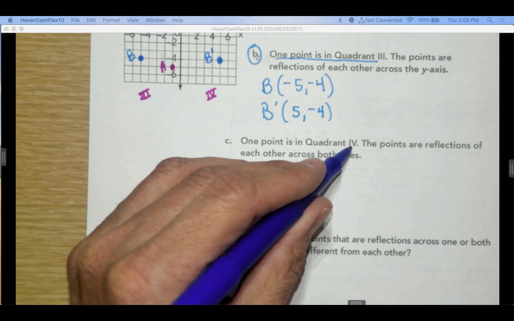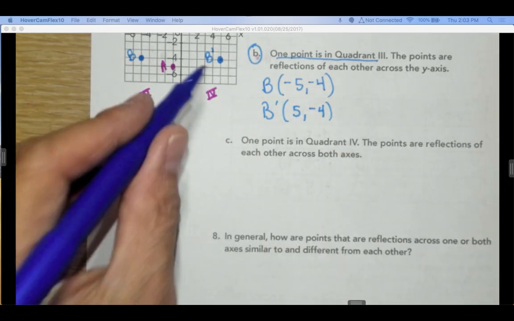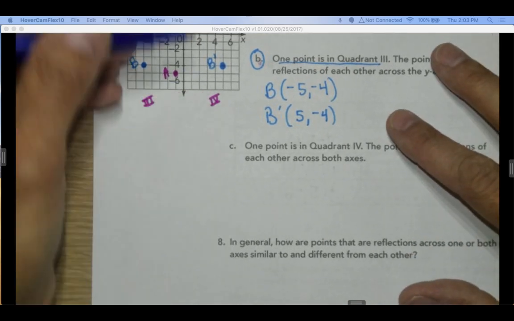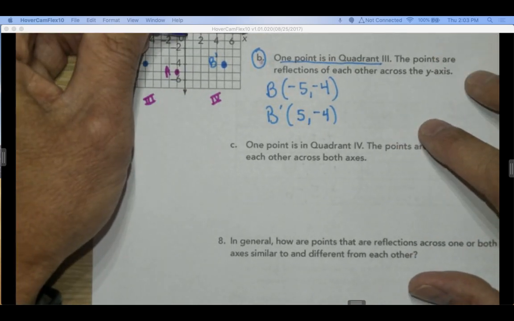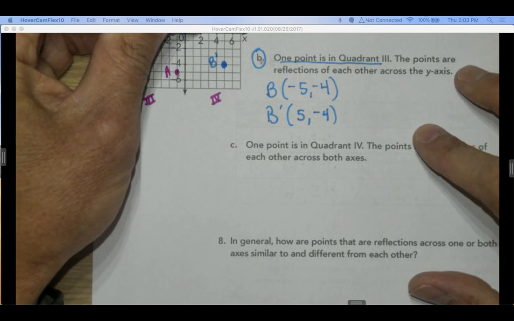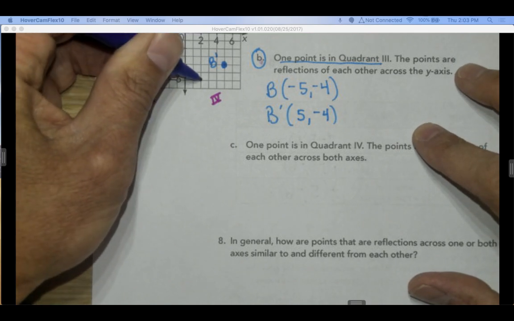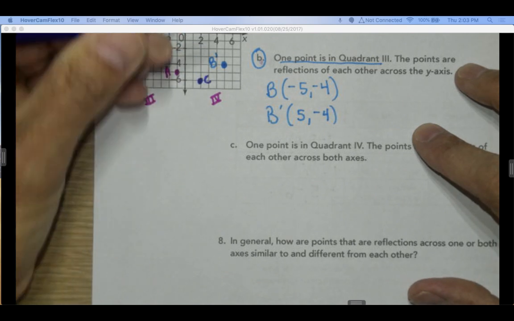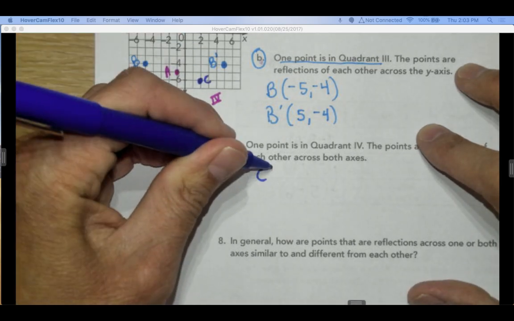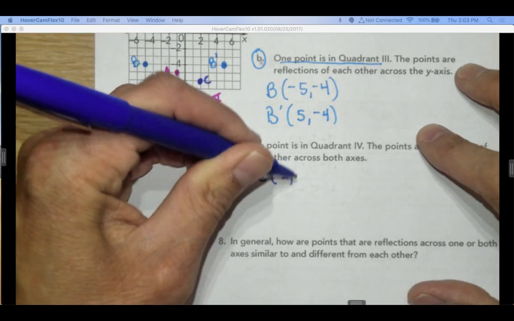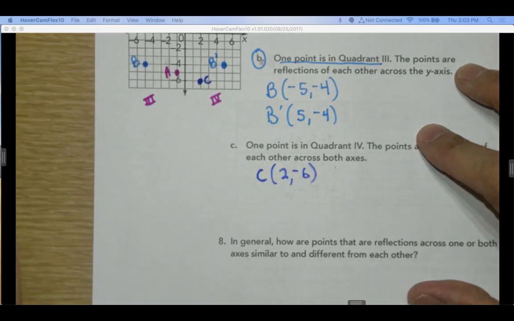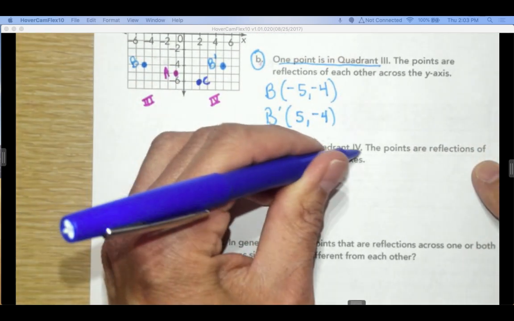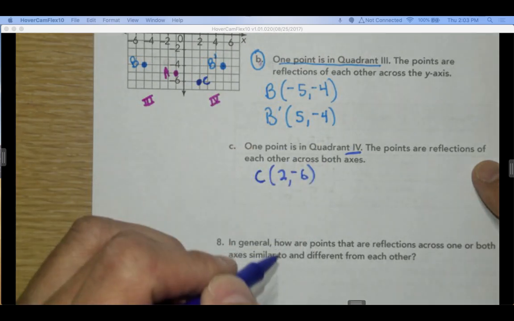So for quadrant 4, that's this one down here, we will have to go to 2 and -6. And we'll call that one C. So C is going to be 2, -6. Now the points are reflections of each other across both axes.